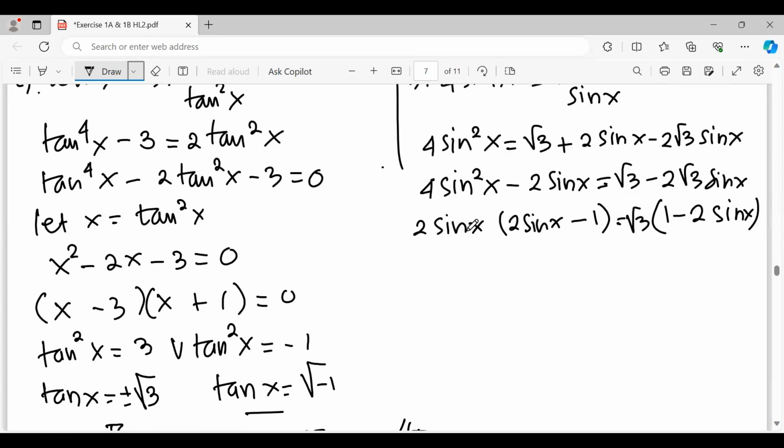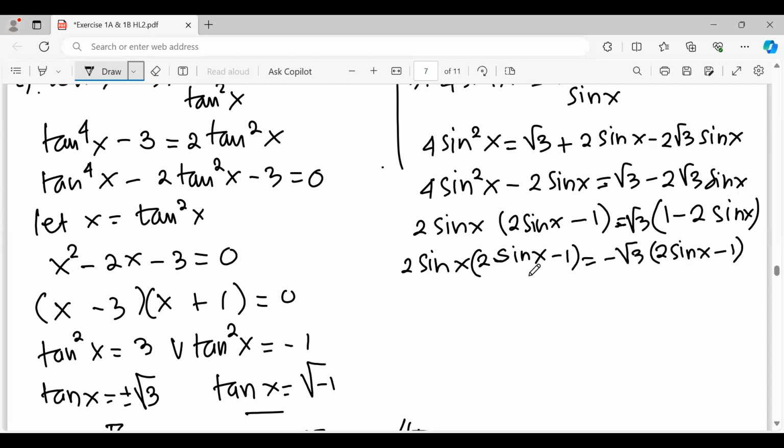I'm going to change this expression: 2 sine x times 2 sine x minus 1 equals minus root 3 times 2 sine x minus 1.